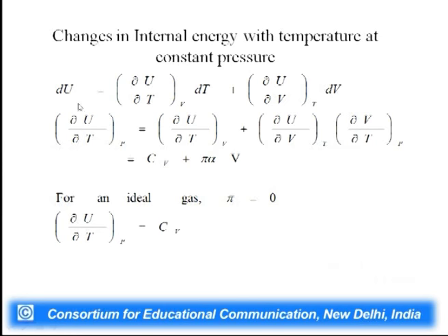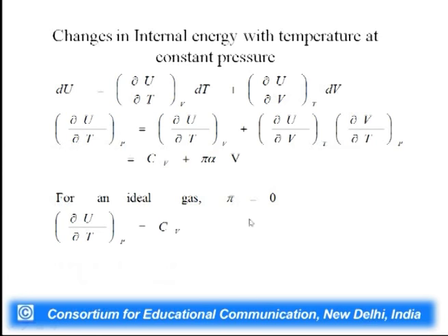So, you have the equation: (∂U/∂T) at constant pressure will depend on Cv plus παV. For an ideal gas, we know that pi is equal to 0. So, you can simply put (∂U/∂T) at constant P is equal to Cv, and this term becomes 0 since pi is equal to 0.